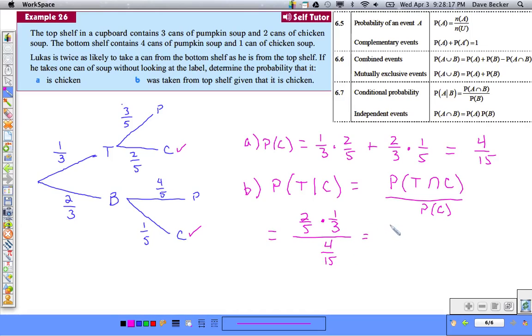So this becomes 2 out of 15 over 4 out of 15. The 15s will cancel out. We get 2 over 4, which equals 1 over 2. And that's it. See you next time.